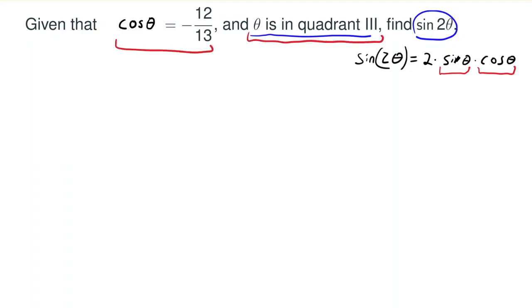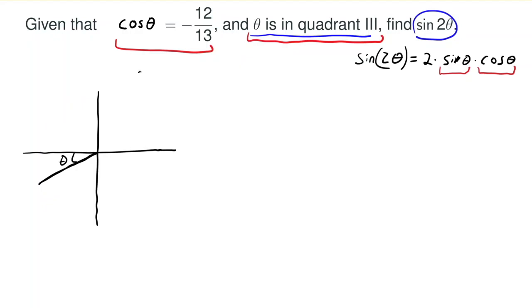So first, we want to draw the theta. So let's draw theta. So theta is in the third quadrant right here. So this third quadrant is right here, right? This is first quadrant, second quadrant, third quadrant. So the angle is somewhere right here.